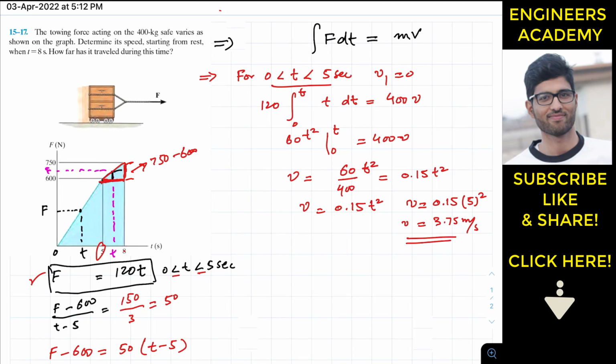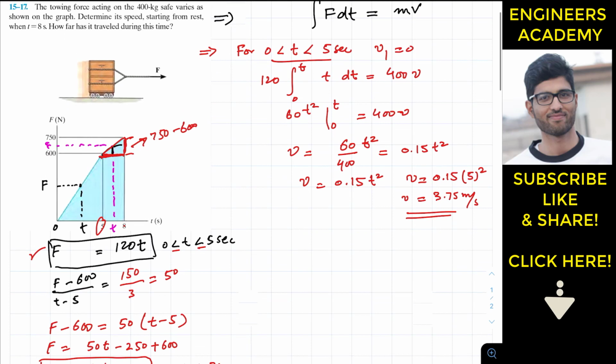And now since in the problem statement it is asked how far it traveled during this time, from this equation we can find the s of t function, right? So we know that velocity is ds by dt, and this is equal to 0.15 t square. If we multiply both sides of the equation by dt, we will have ds equals 0.15 t square dt. And to find the s of t function we have to integrate this, from 0 to s and from 0 to t.